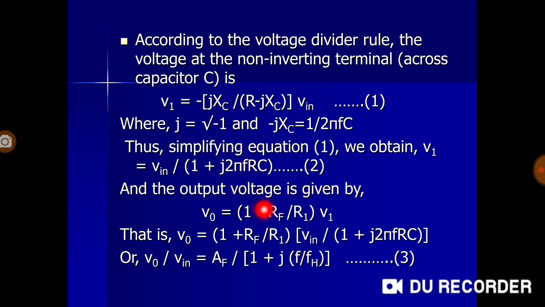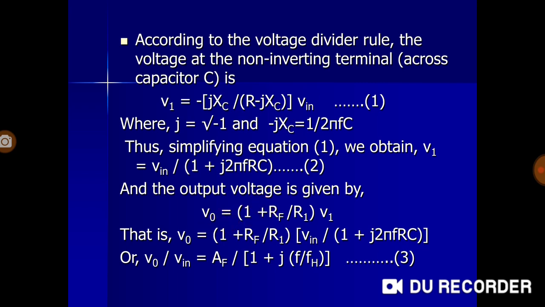Because we can simplify it. You can divide the numerator and the denominator both by minus jXC, so you get 1 divided by 1 plus R divided by minus jXC. Since minus jXC is equal to 1 by j 2 pi fC, it finally becomes Vin divided by 1 plus j 2 pi f RC.